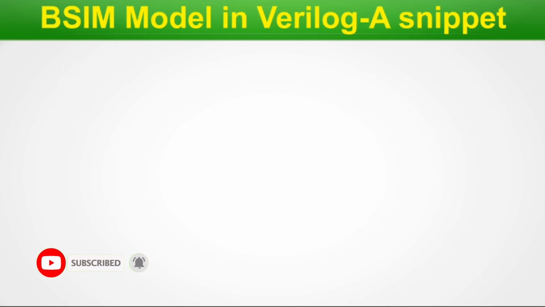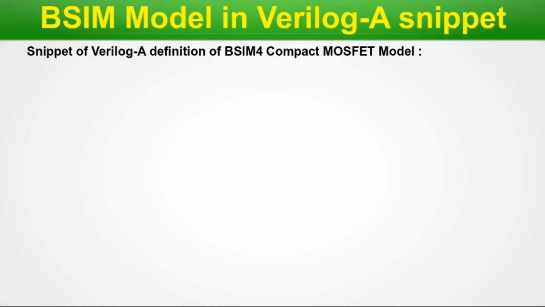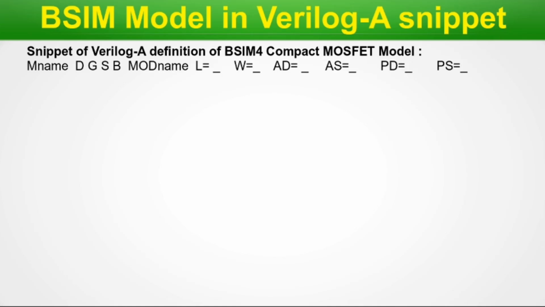So let's see a snippet of how things are done inside a model card generation. This is a snippet of the Verilog-A definition for BSIM4. For a MOSFET, we know that a SPICE model is defined with the instance name, then the sequence of the nodes DGSB: drain, gate, source and body.